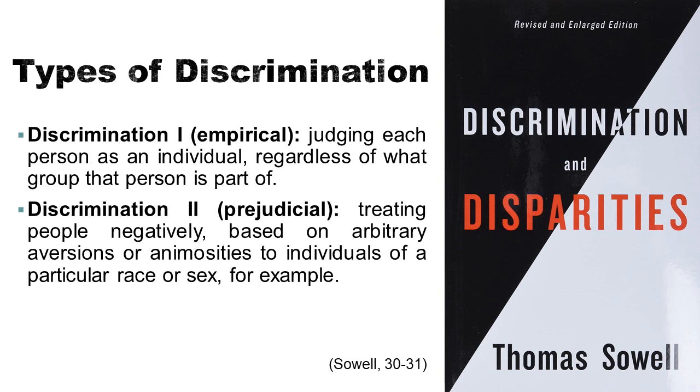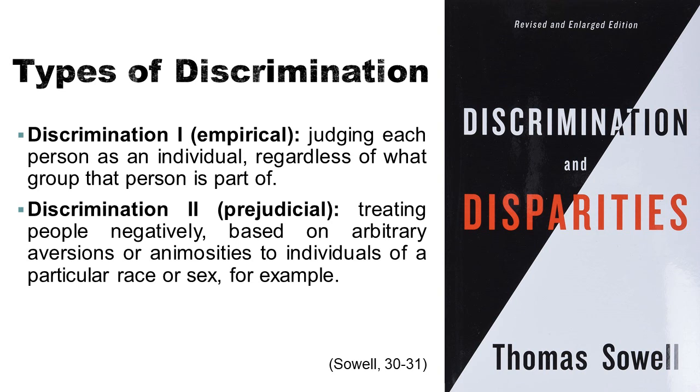Another point that I would make in response to Yancey's chapter is to go back to Thomas Sowell's book on discrimination and disparities. We actually have to analyze carefully what discrimination is, how it happens, and what the different kinds of discrimination are. Now, at a broad level, Sowell acknowledges that not all discrimination is bad, and everybody recognizes that.